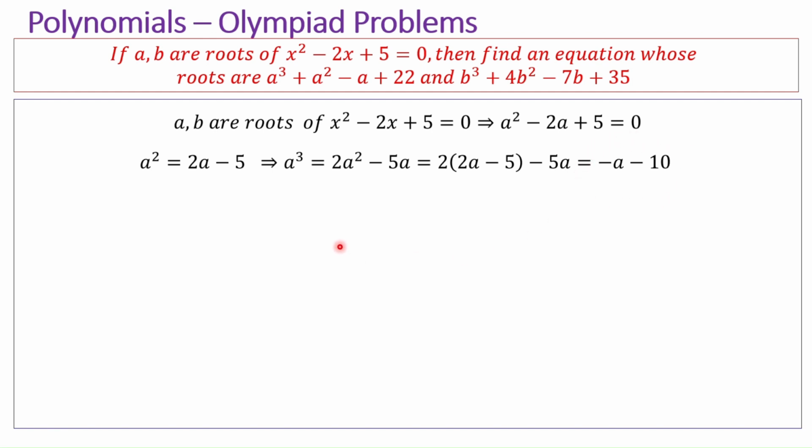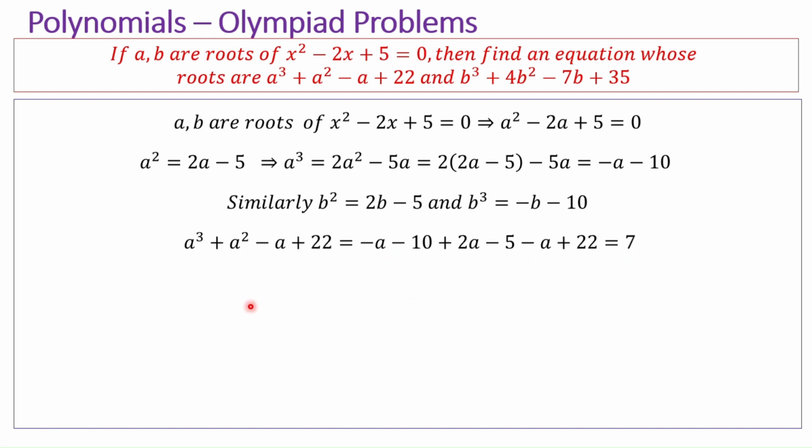This is a very important concept to understand. For both the roots, any power can be written in terms of a power of 1, the same thing applicable for b. Once you know this, you simplify with simple multiples of a, and you get a and b very easily. Similarly, b cube is equal to minus b minus 10.